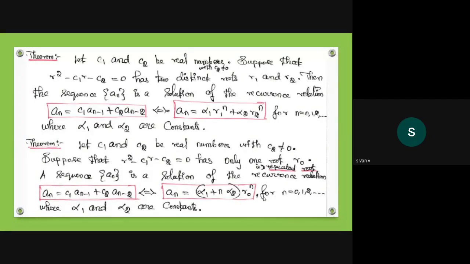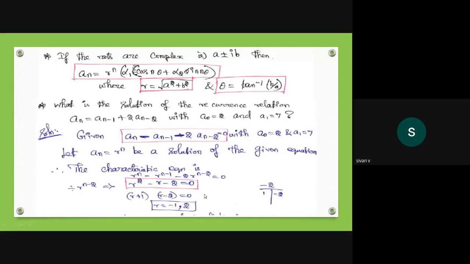So we are seeing two types of roots so far. One is distinct roots, for which this is the solution. This is for equal roots. And that one is for complex roots. If the roots are complex, that is a plus or minus i beta, then an equal to r power n into alpha 1 cos n theta plus alpha 2 sin n theta, where r equal to square root of a square plus b square and theta equal to tan inverse of b by a.